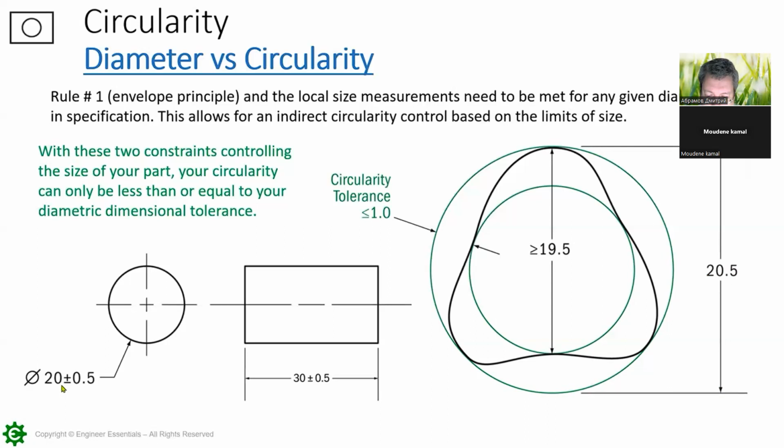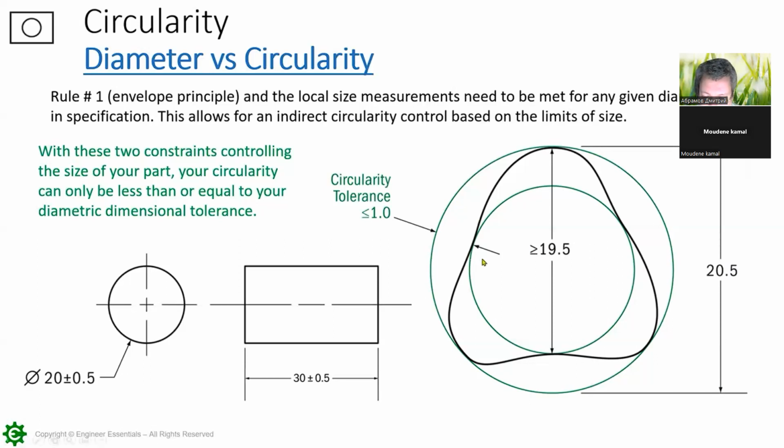But remember that this can happen. This green circle is going to move closer to that maximum material condition size if you were to do a refinement of circularity. And the tighter control you need on your form, obviously, the tighter the refinement of rule number 1 is going to be with the use of circularity.